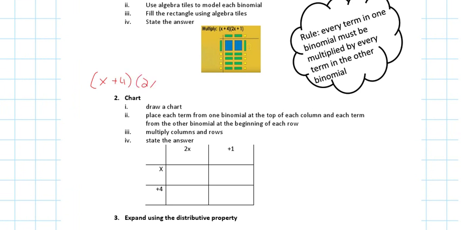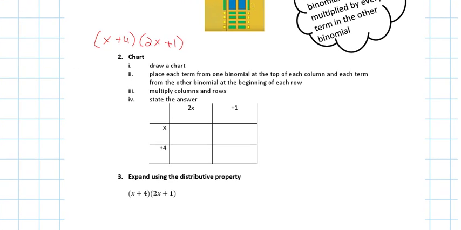You put x and plus 4 in the first column, and then 2x in the first row and 1 in the second. The x plus 4 comes from the first binomial, the 2x plus 1 comes from the second binomial. Are we okay with this?